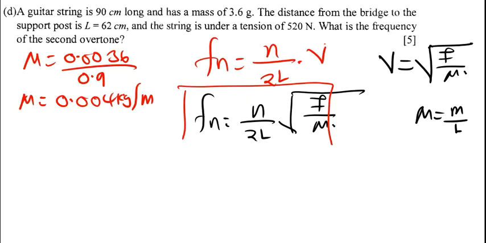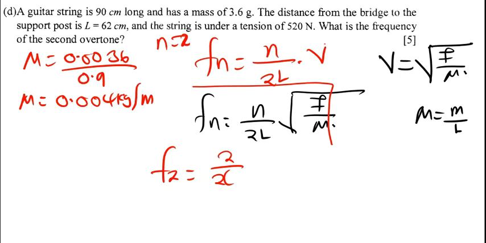So now that we have the linear density, we can go ahead and find the second overtone, where n is equal to 2. So where there is n, we will put 2. So I'll say f2, n is equal to 2. The length which we are talking about down here is now this one, which is 62 centimeters.